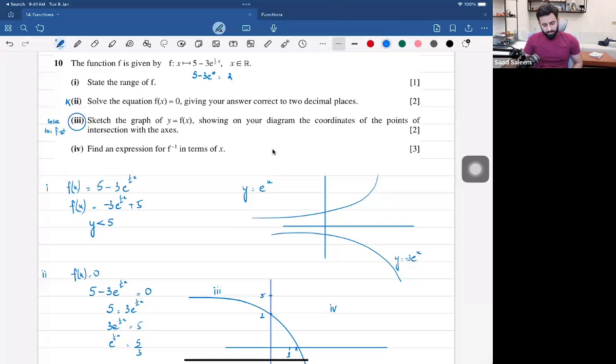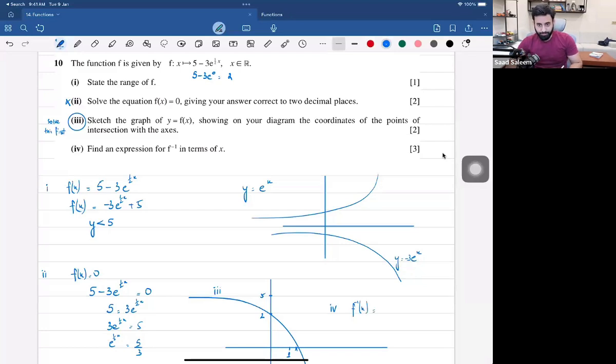2 ln x minus 5 upon 3. That is... 5 minus x upon minus 3. Yeah, that's correct. Wait, I was wondering there's something wrong with the sign. So the inverse, this is what the inverse will look like.